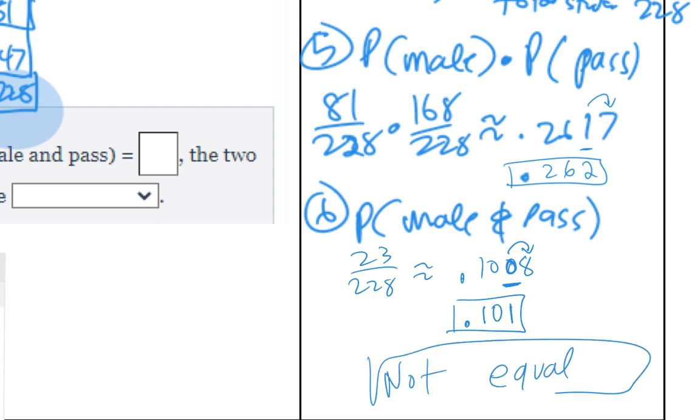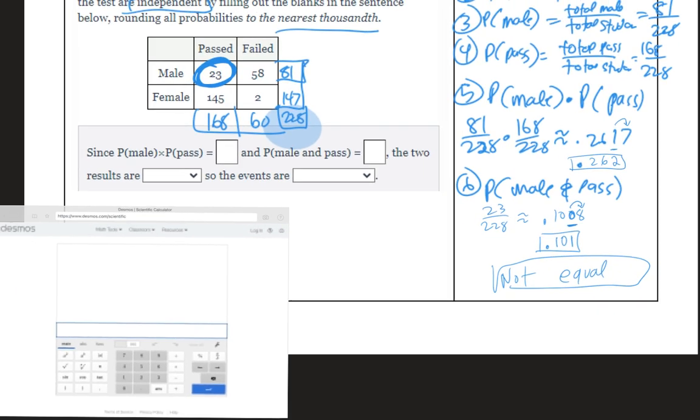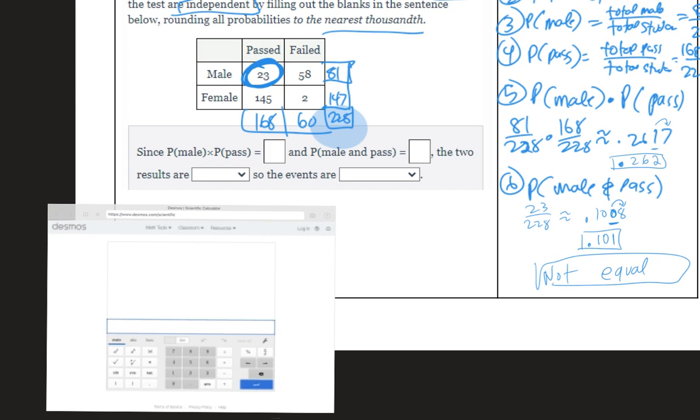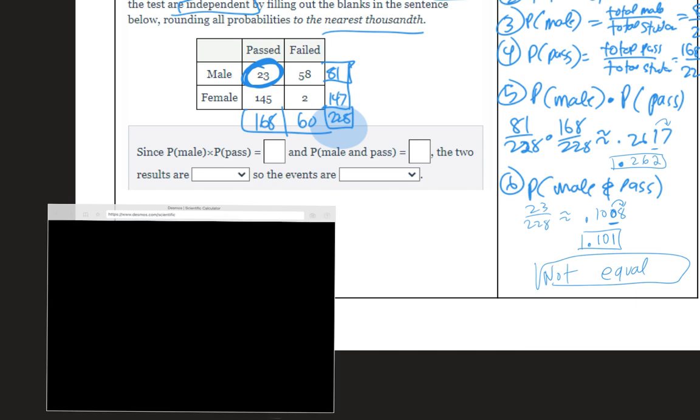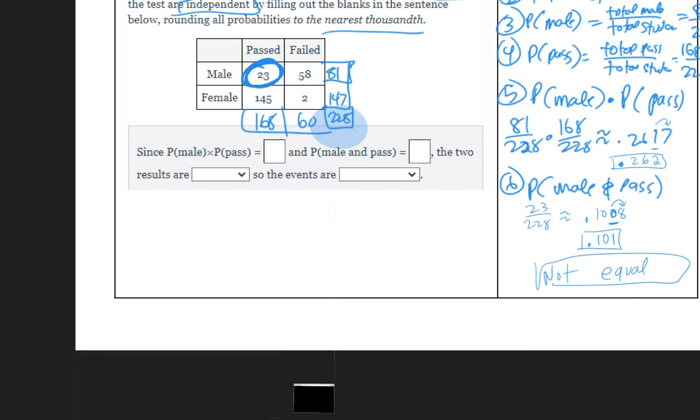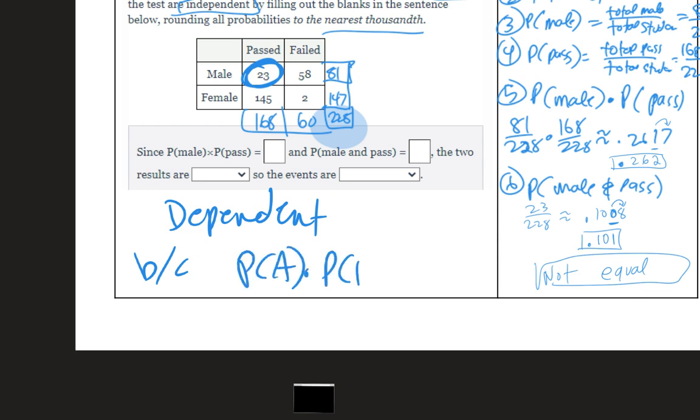So what's our final determination then? If they're not equal, then they have to be dependent, because the probability of A times the probability of B was not equal to the probability of A and B.